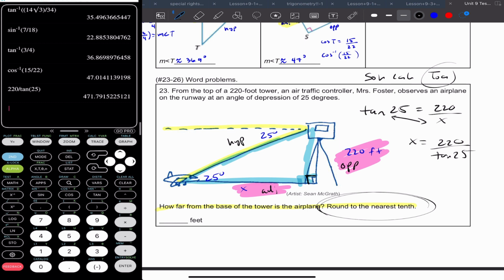That 9 will dictate whether that 7 will go up or remain the same. But since 9 is above 5, yes, the 7 will go up. So it's approximately 471.8 feet. That is how far from the base of the tower the airplane is. So that is 471.8 feet. All right, there you go.